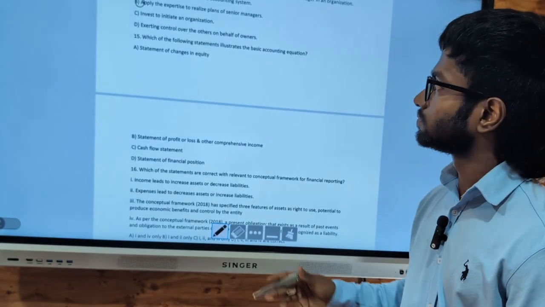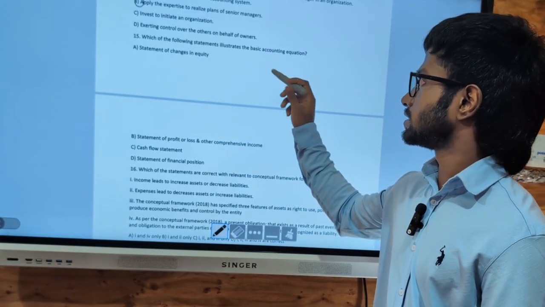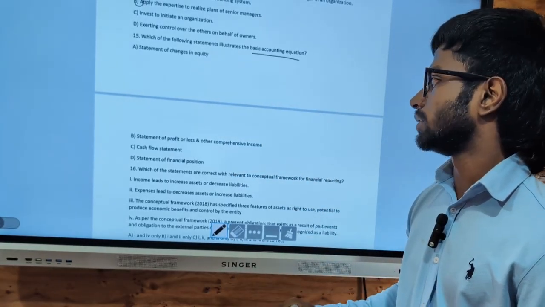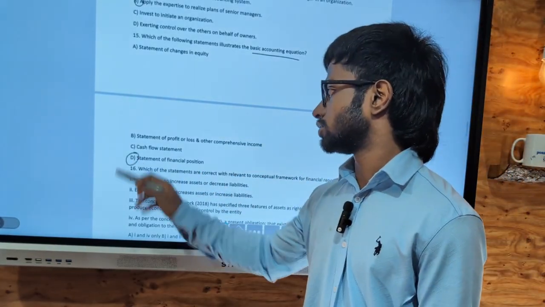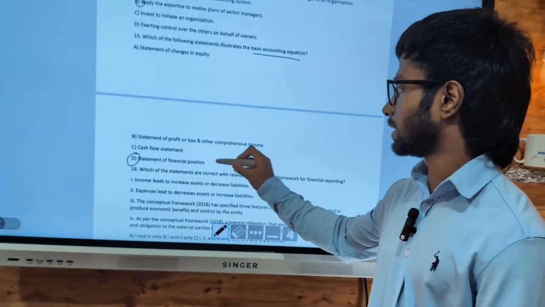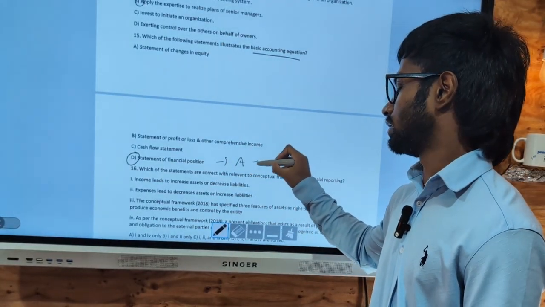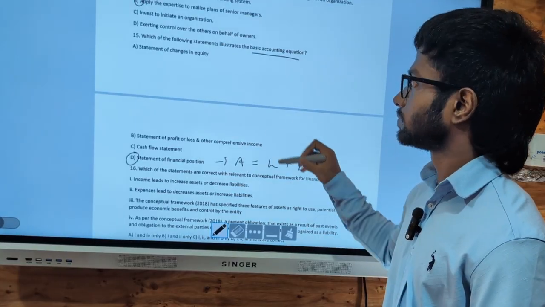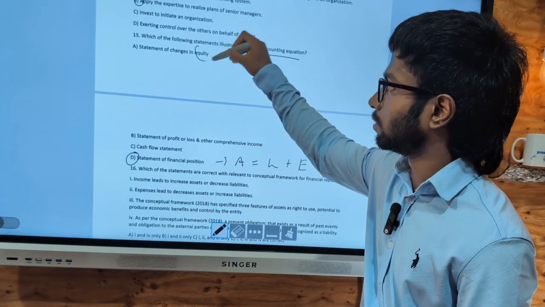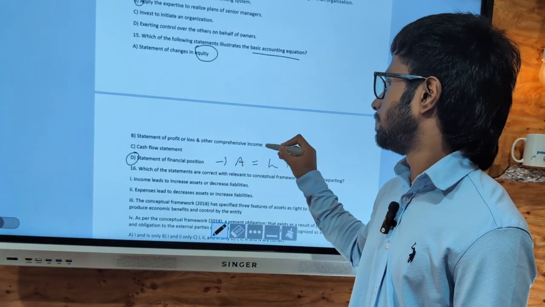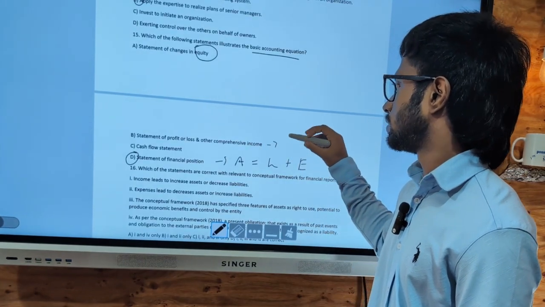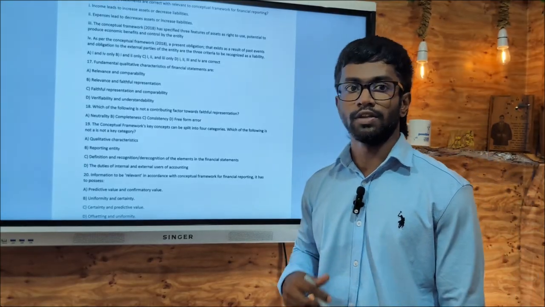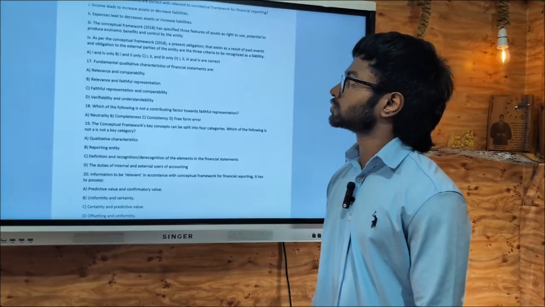There's nothing like that. Next, which of the following statements illustrates the basic accounting equation, that is through your SOFP. So in that it shows the basic accounting equation, assets equal liabilities plus equity. Equity shows the equity component. P&L shows the. Okay.